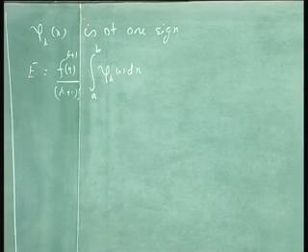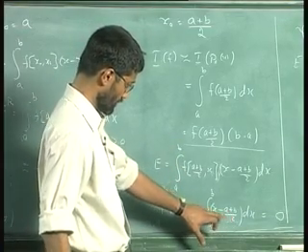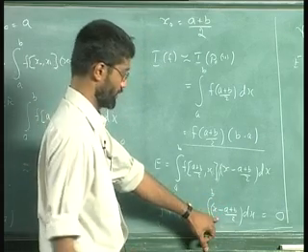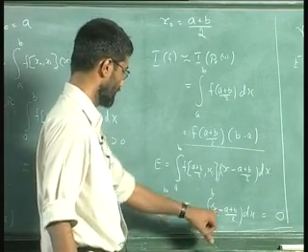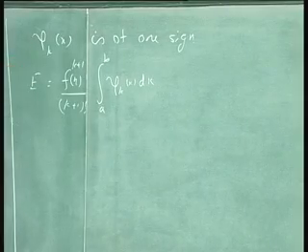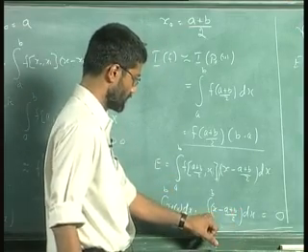Now we have seen that by choosing x0 to be a plus b by 2, this integral is 0. So we now choose a new point, the k plus 1th point, and write this as the next term. We have to make this of one sign. Now this is not of one sign, but the integral is 0.